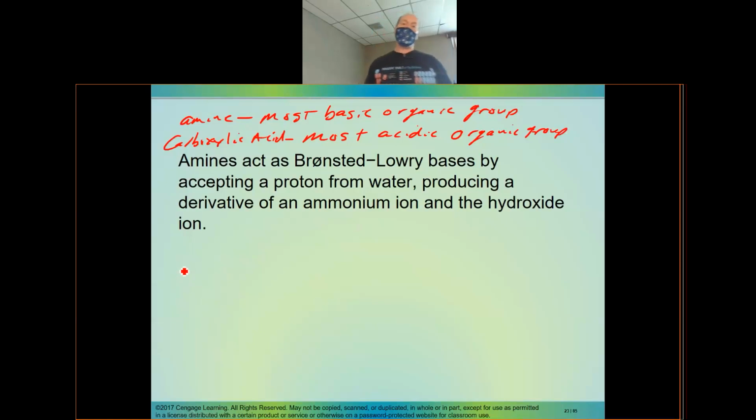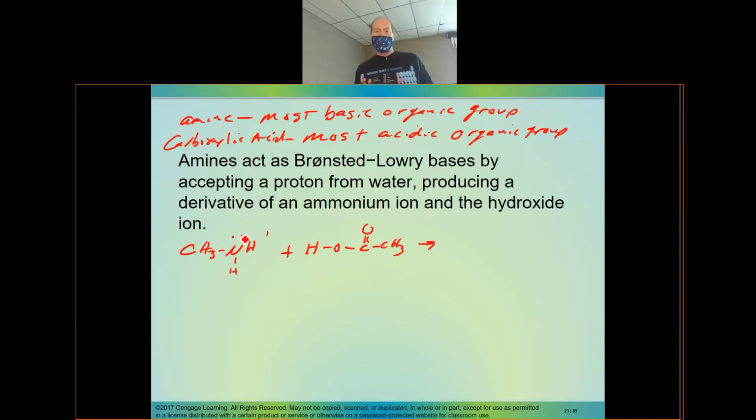All right, and so you can do a simple acid-base reaction. If we take methylamine, that means CH3 with an NH2, and you take acetic acid, you can do a simple acid-base reaction.